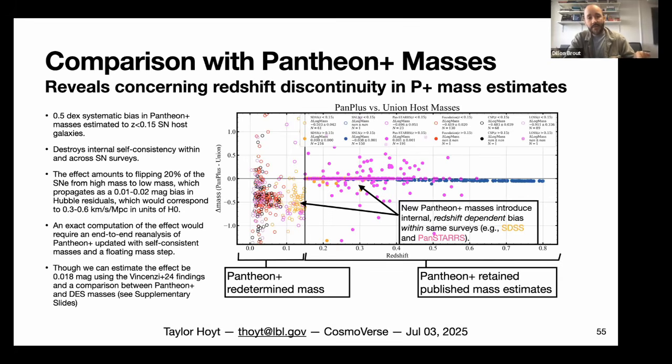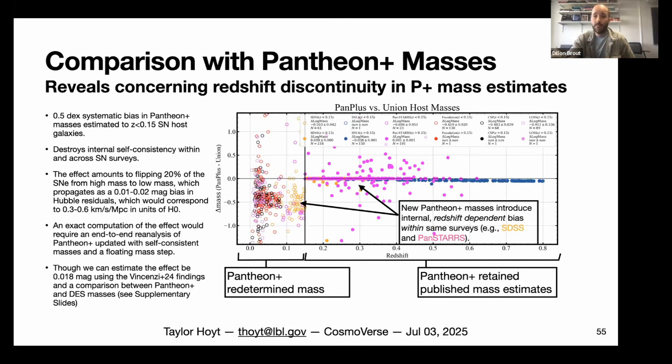I guess it's not exactly true to compare the 0.01 mag or 0.02 mag bias that you say and convert it into H naught units. You need to do the distance ladder part, and you can do that, and it comes out to 0.001 mag when it comes to measuring H naught, because it comes from the difference between the calibrators and the Hubble flow, all of which are to the left of that vertical line you've drawn.